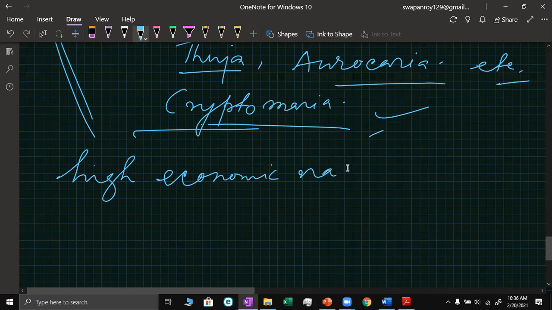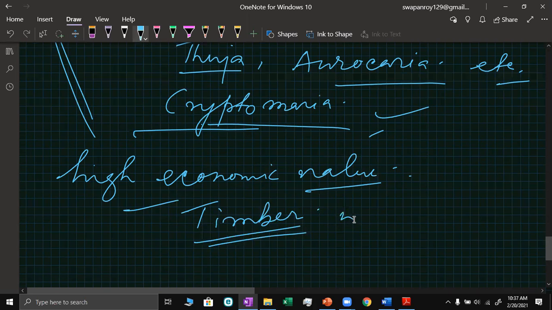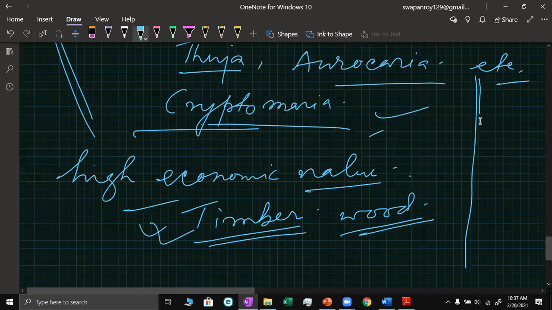Gymnosperms have a high economic value, particularly in terms of timber wood, because most of the trees are straight and columnar. The main column is very thick and they grow very tall.